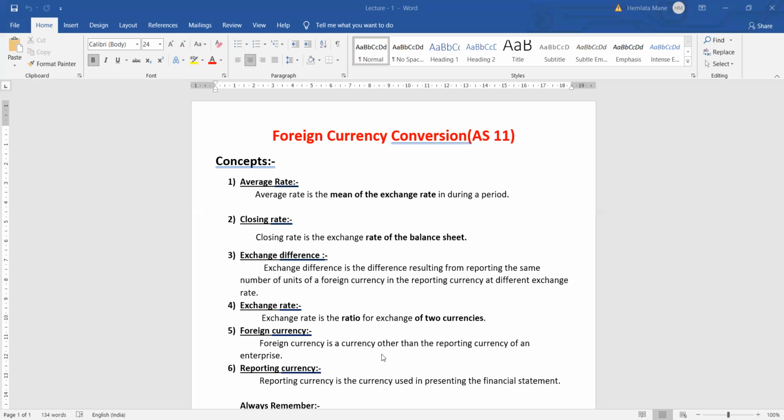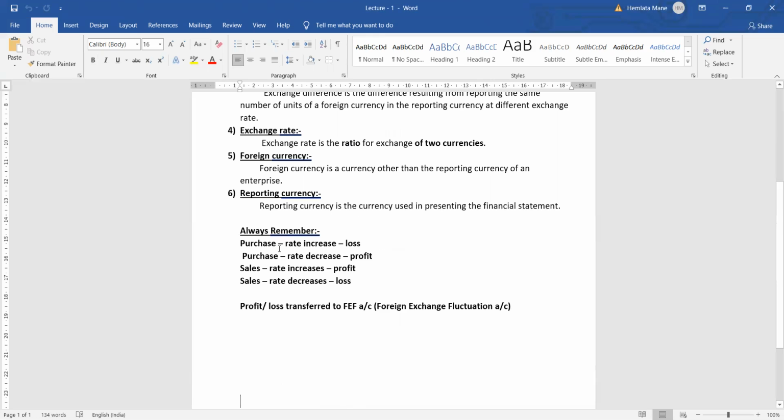Clear? Next, for solving the problems, you need to always remember these four concepts. First is when you purchase goods from a foreign country, and at the time of payment the rate increases, then it is a loss.